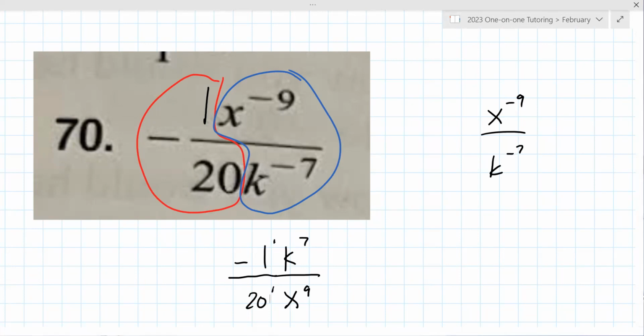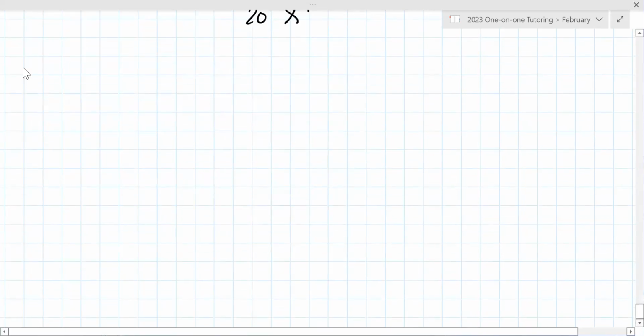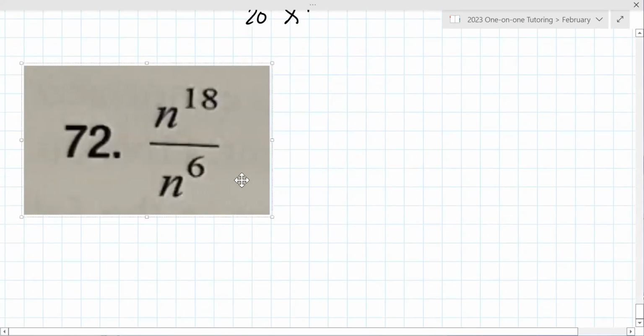Okay. All right, but you said up through 80, right? 82. Okay, let's keep going here. I always want to make sure that I can make more comments later. So this one, when the bases are the same and you're dividing, you subtract the exponents.